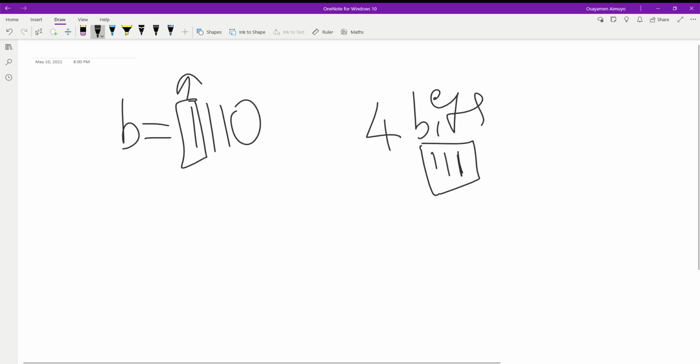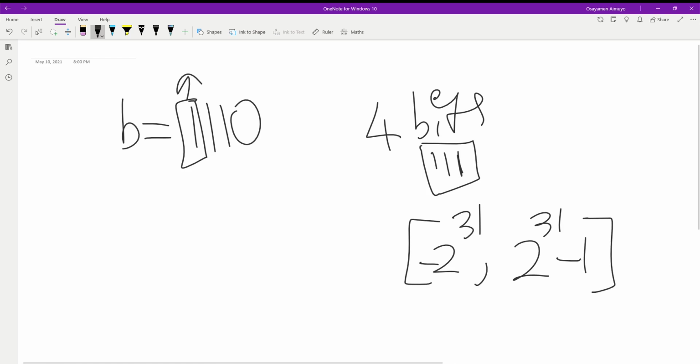So in that case, that's why, and I'm sure most of you have seen this before, integers in computers, if I'm not mistaken, yes, it's negative 2 to the 31, and then 2 to the 31 minus 1.